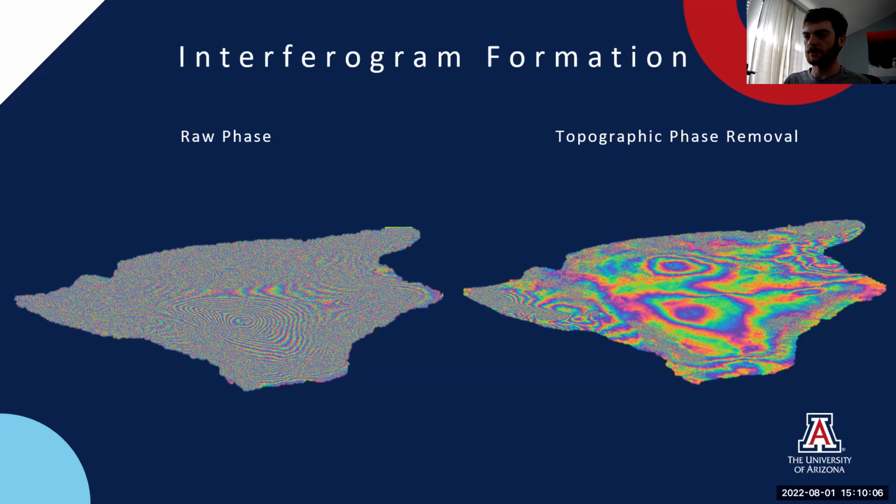Across the entire island, it may have moved about 1 phase cycle, which doesn't mean a ton. But on the left side, you can see there's some pretty dense phase fringes. The left side is actually the east side of the island. It's flipped and deformed from the tilt in the aspect of the sensor.